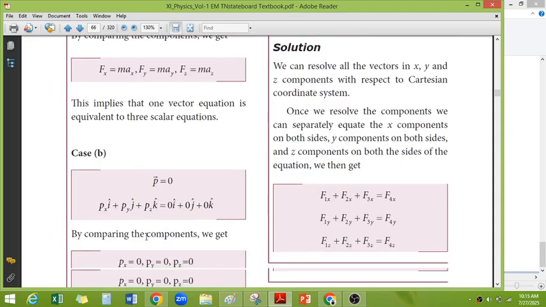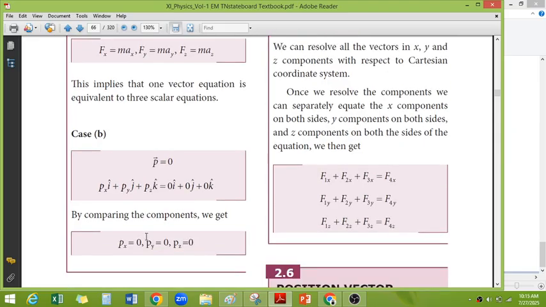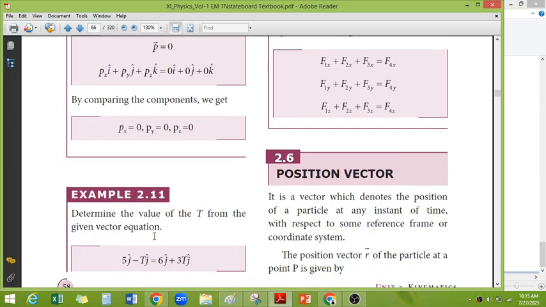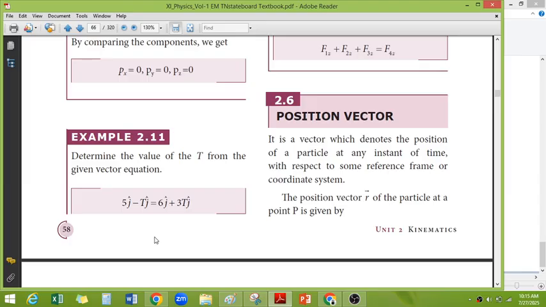So px, py, pz. So px is equal to 0, py is equal to 0, pz is equal to 0. That's what they mean by components. This is your simple algebra. You can try that if you want.